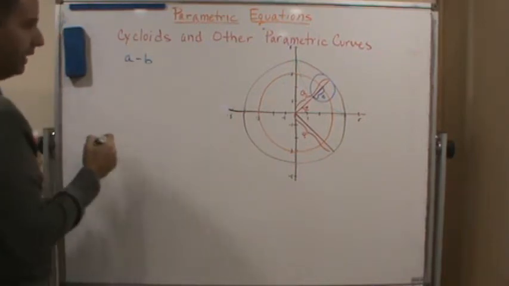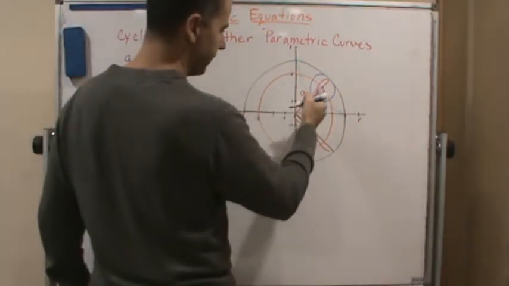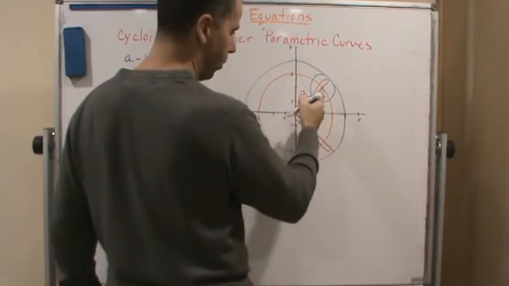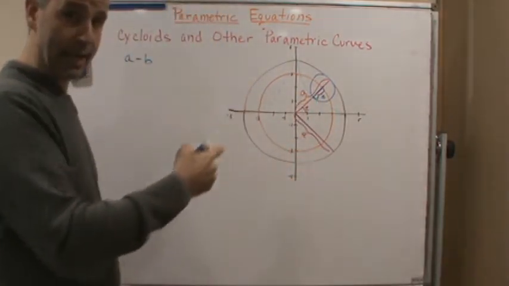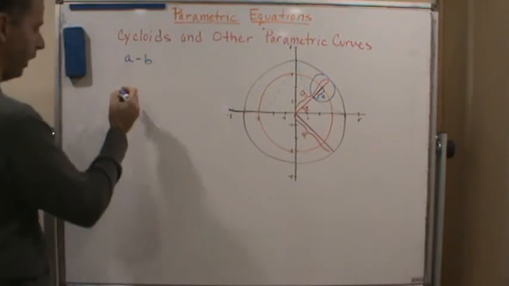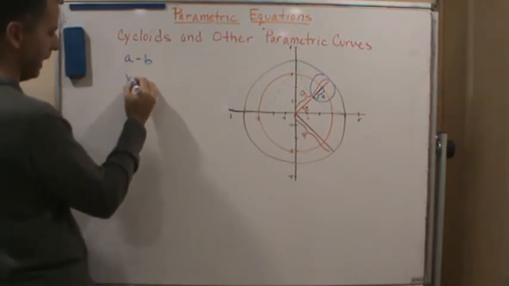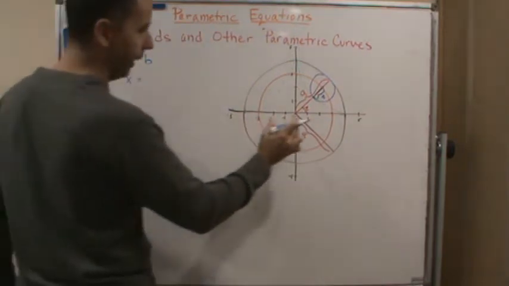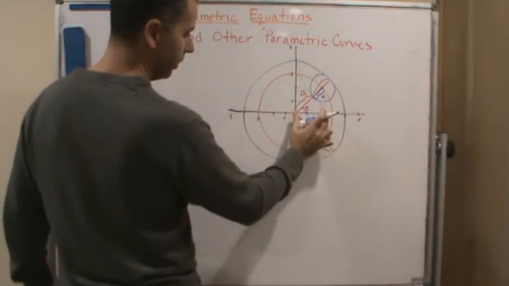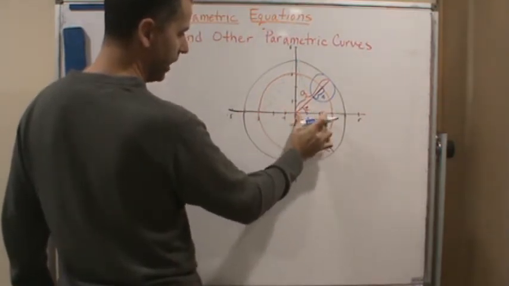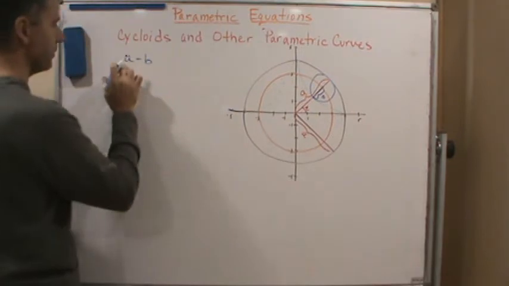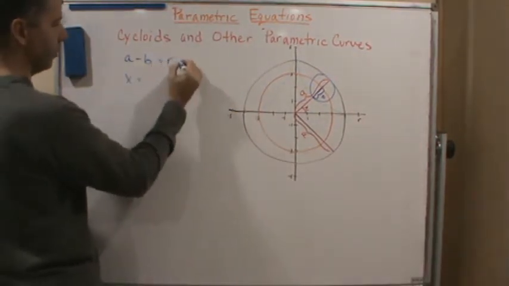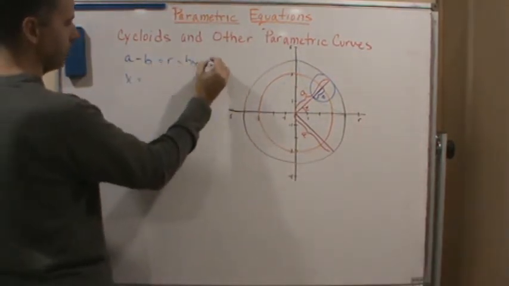Now we know the radius. How can we write the component sides of the right triangle? We would write x equal to what?